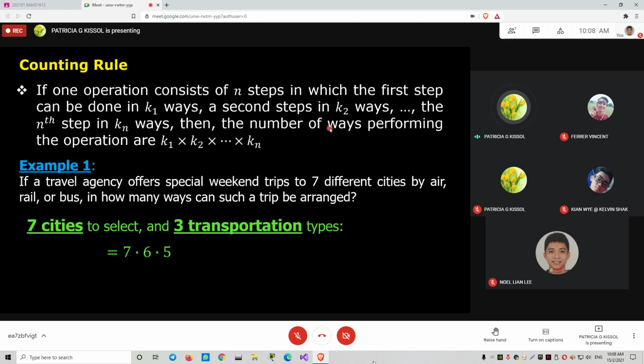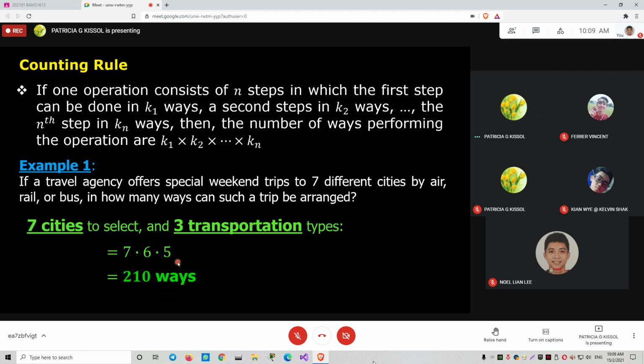And after you have chosen 2 of them, they only have 5 to choose from. So how many ways can such trip be arranged is simply multiplying 7 times 6 times 5, and that gives us 210 ways. So you will definitely notice here now that our answer is not a probability value anymore. It is concerning with how many ways. How many ways can you arrange?